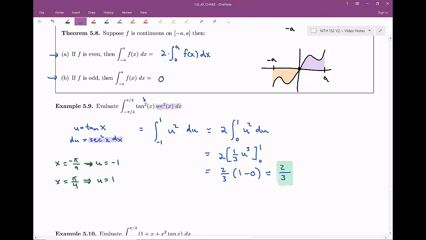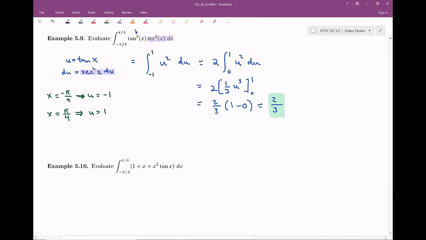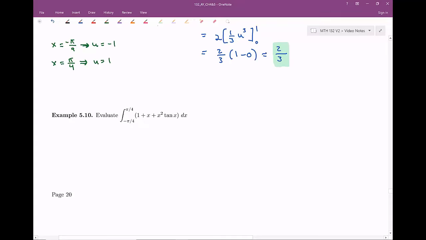Now the next property, for this odd stuff, this is really where a lot of power comes in. So okay, looking at this one right here, the claim is I would be able to integrate 1, and I would be able to integrate x. But when it comes to this x squared tangent of x, that's difficult.